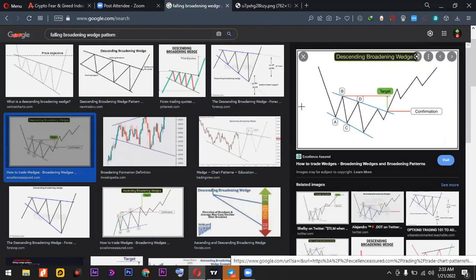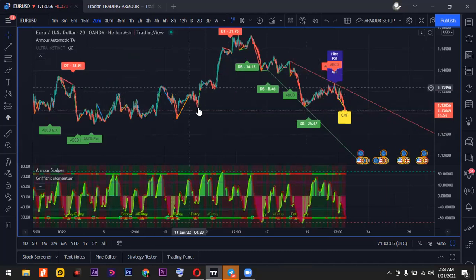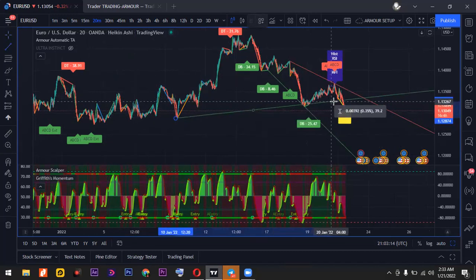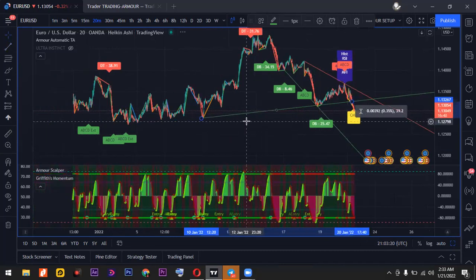So it's coming down right now, and we can see the head and shoulders. And we just broke the neckline, in my opinion. See, so here to here, we've broken the neckline and it's dropping down. It should go very low.